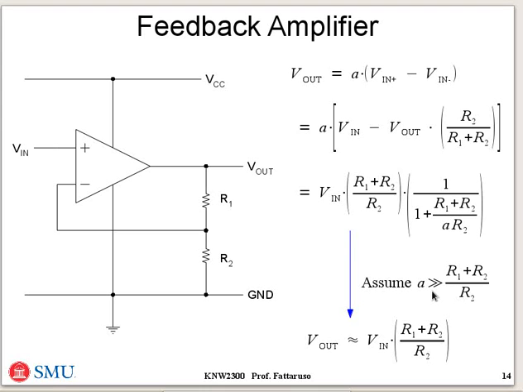If we make the assumption that that very large gain is in fact much larger than this ratio of resistors in the voltage divider, which is a very good assumption, then this term over here is going to be much, much less than 1, and so we can make a very good approximation for this whole factor being basically unity within a fraction of a percent. Very, very good approximation.